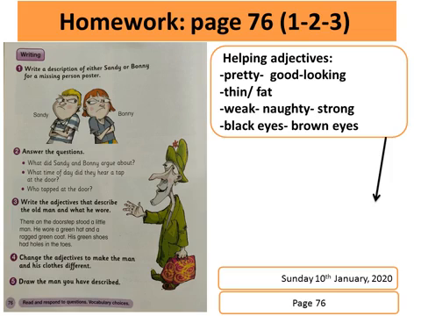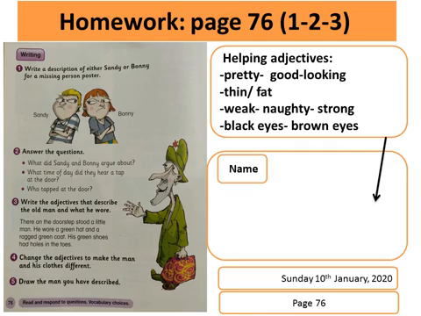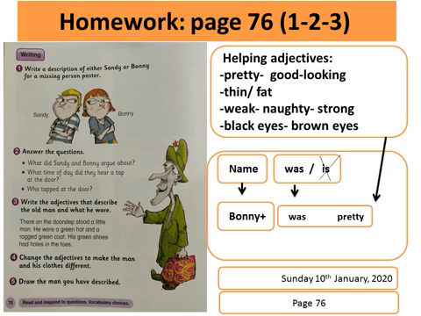So, for example, I will describe Sandy. So, what is the first thing that I should write? I will start with his name, right? What is the name? Okay, I'll describe Bonnie. So the name is Bonnie. After Bonnie, shall I use was or is? This is in the story, so it's past. So I will say was.